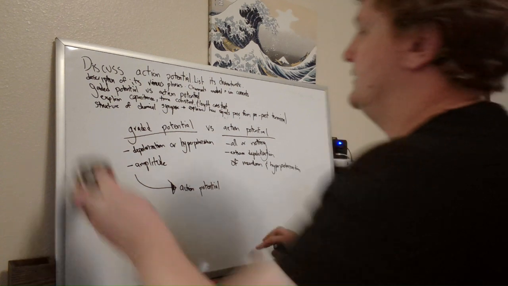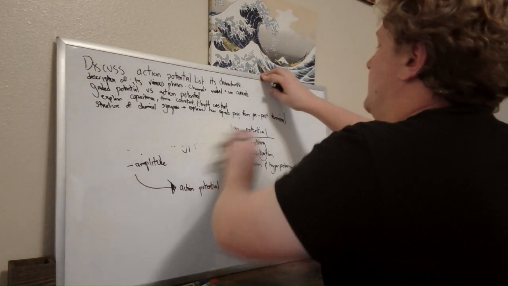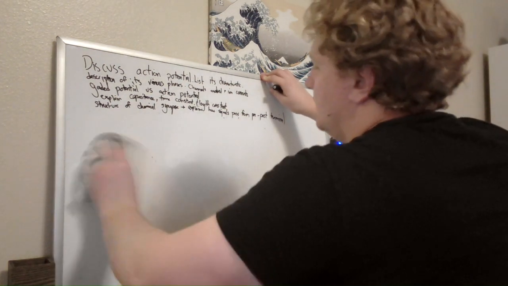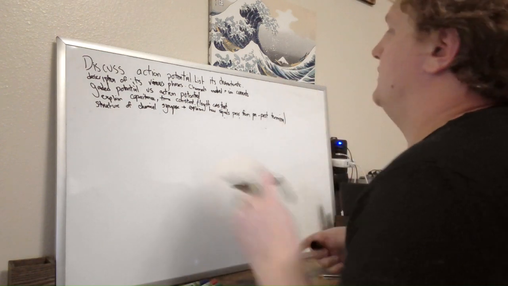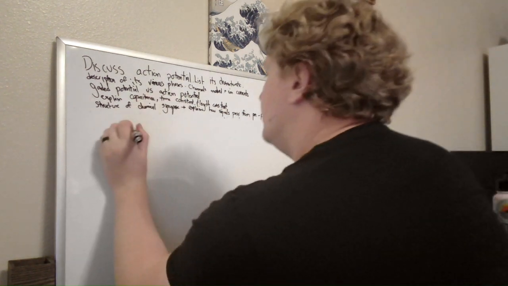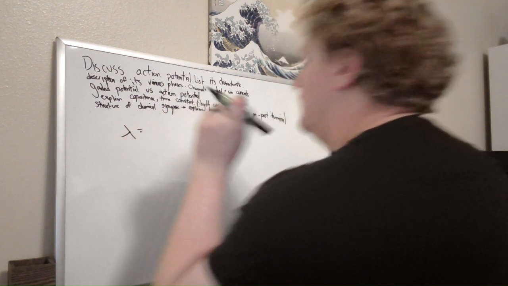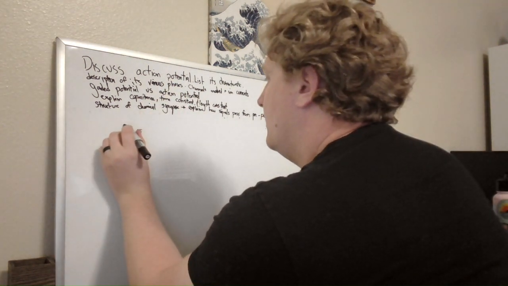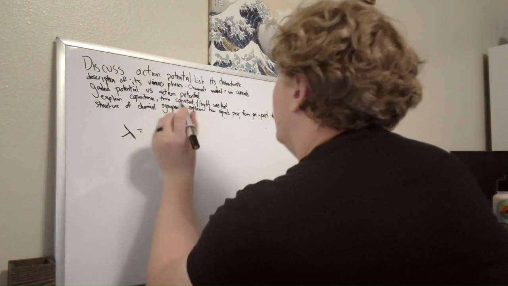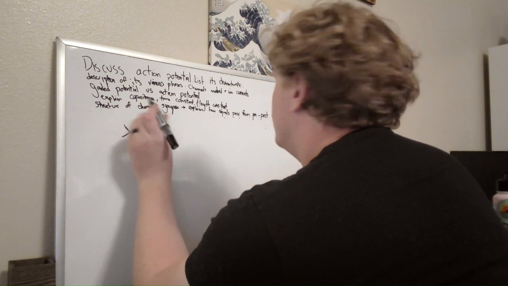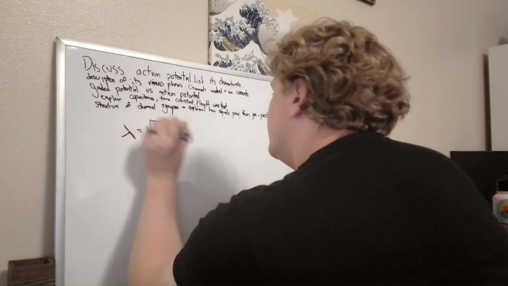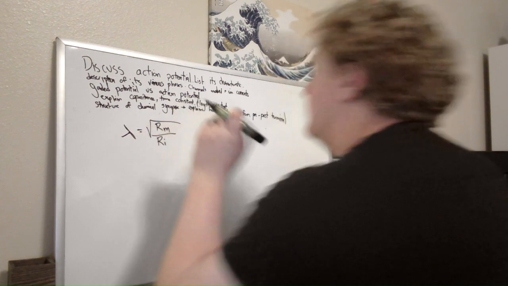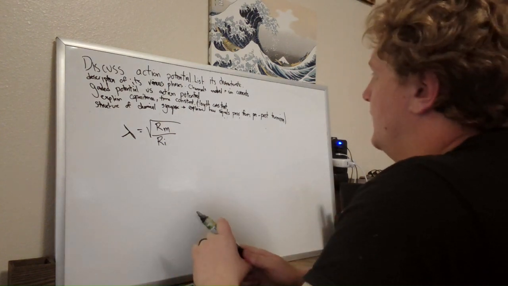Another concept that we can talk about is capacitance. So capacitance refers to, actually, let's start here with the length constant. So length constants, we use this Greek letter. I believe that's gamma. Anyways, so it's the square root of Rm over Ri, membrane resistance over internal resistance.